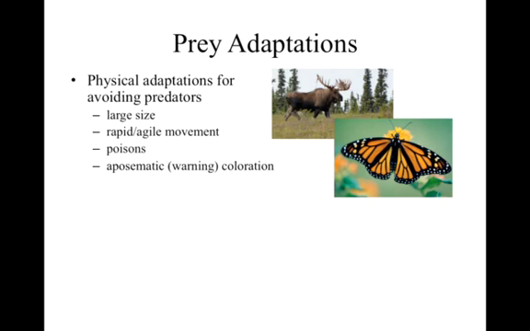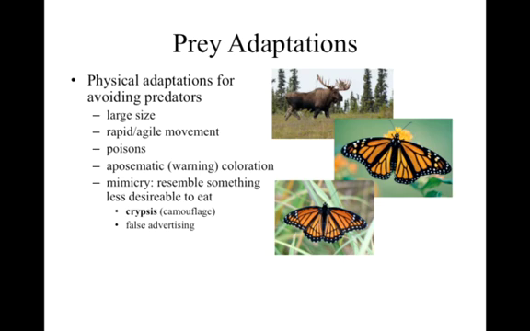So frequently in combination with poisons, prey species will develop what we call aposematic or warning coloration. So the monarch is not orange and black to be pretty. The monarch is orange and black to warn birds that it's going to taste terrible to eat it. And so once birds learn that eating an orange and black butterfly is not a good idea, they will avoid those butterflies.